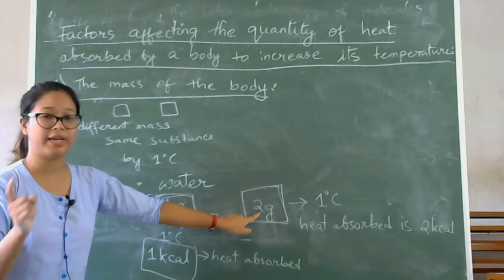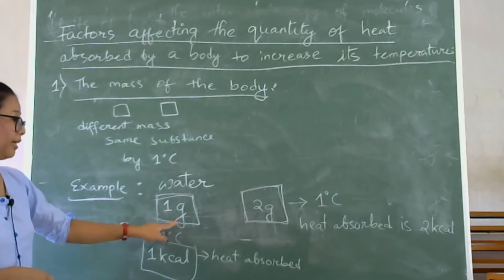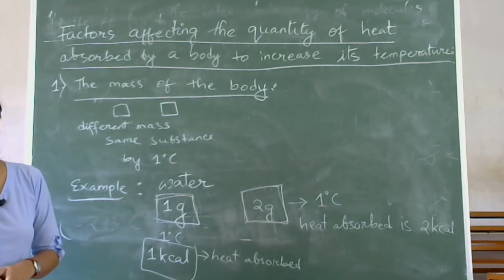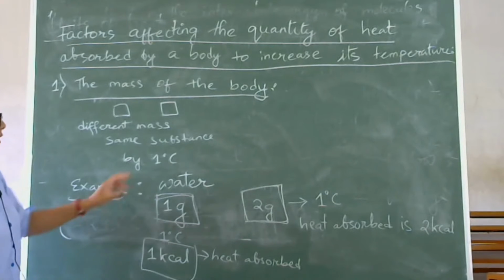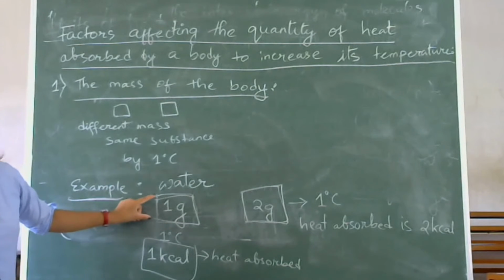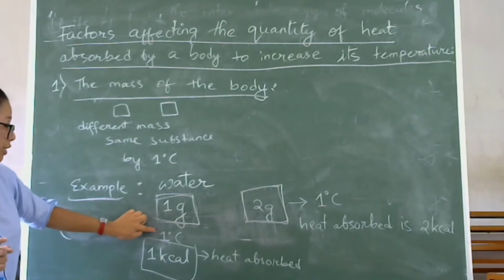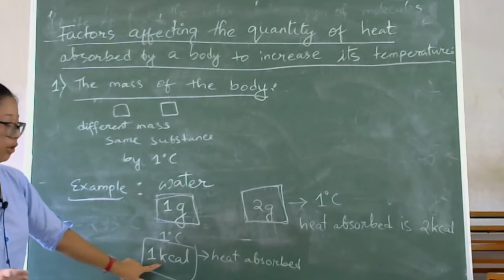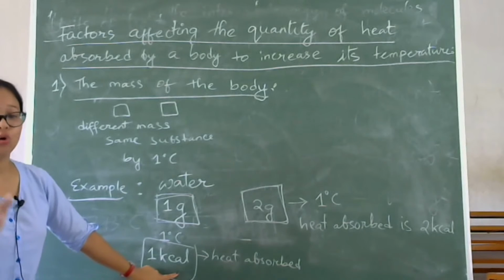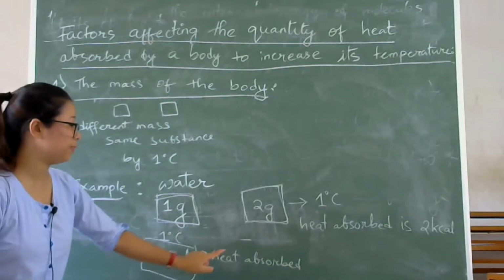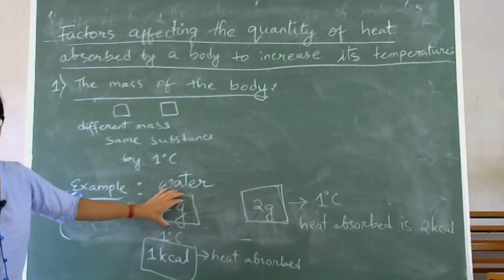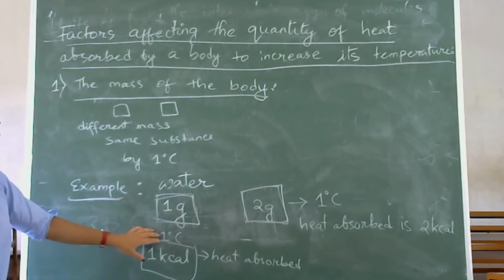Suppose I want to raise the temperature by the same amount, 1 degree Celsius. The heat absorbed by 1 gram of water to increase its temperature by 1 degree Celsius is equal to 1 kilocalorie.